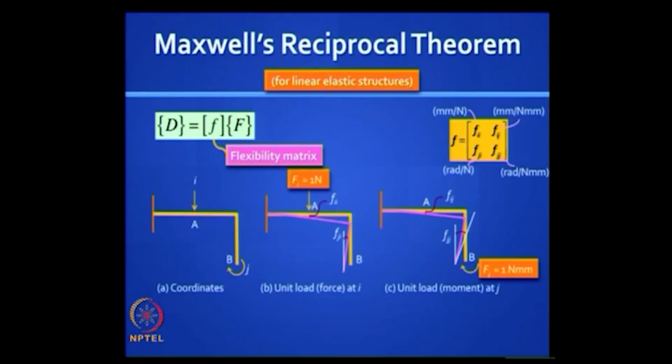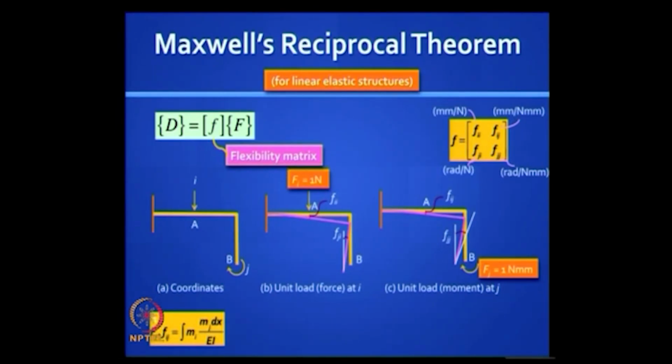If you look carefully, Fji refers to a rotation, so the units would be radians but caused by a unit force, so radians per Newton in this case, whereas Fij refers to a deflection caused by a unit moment, so it is millimeter per Newton millimeter, and so that is the essential difference, but both reduce to a dimensionless quantity divided by force unit of Newton.